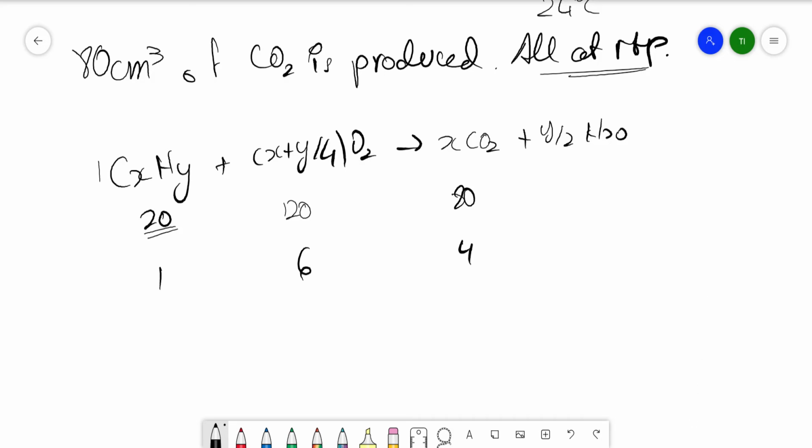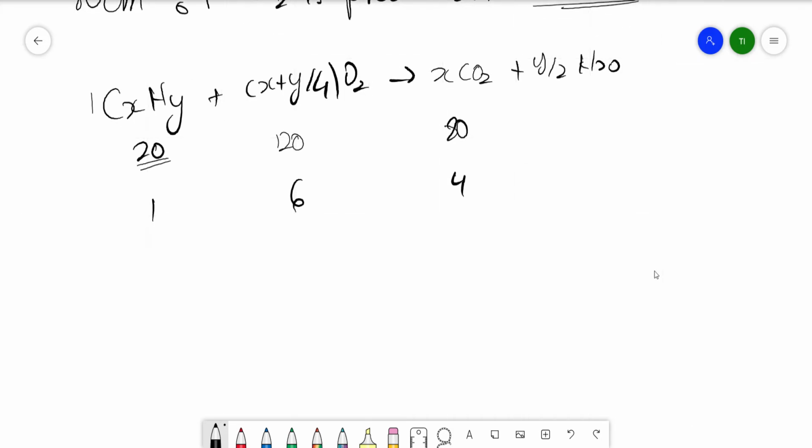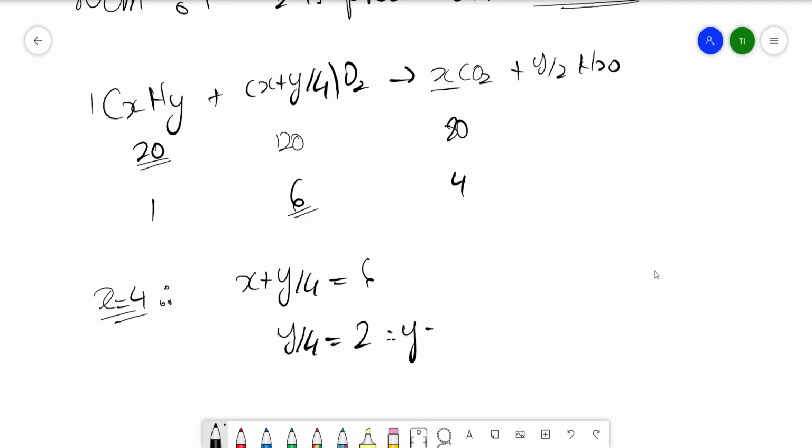So from this, you know that x becomes 4. Therefore, to find y, x plus y by 4 is equal to the molar ratio of oxygen. It's 6, right? So when you make y the subject of the equation, 6 minus 4, x is 4, so 6 minus 4 is 2, therefore y is 4 times 2, 8, right?